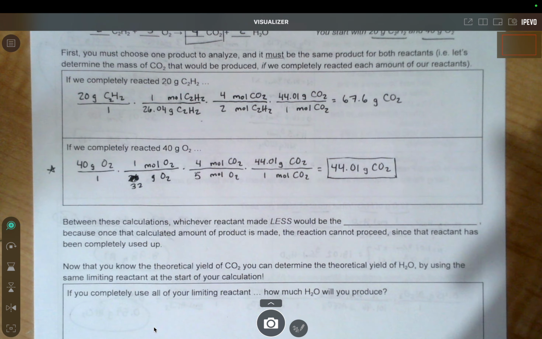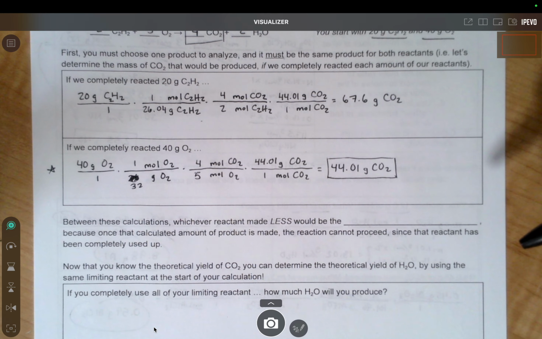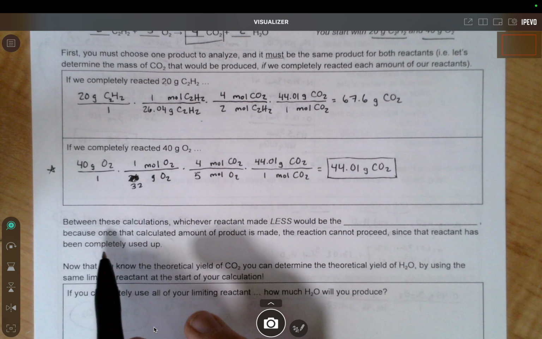Right. Now, going back to this point here, we will eventually need to solve for the theoretical yield of our products because that will help us determine whether or not we have created close to the theoretical yield. It's going to help us determine what our percent yield is. So let's just finish out these guided notes.